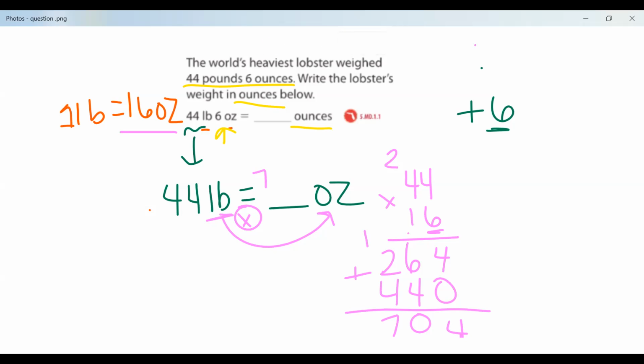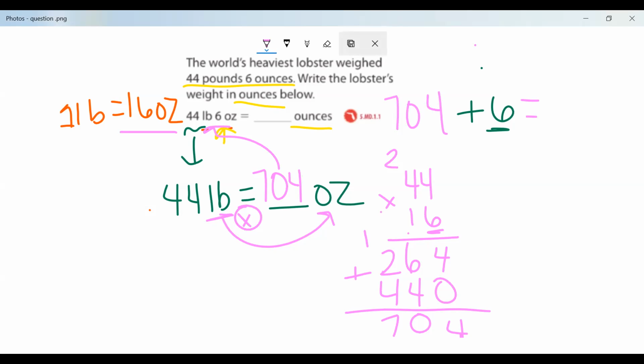So now this is where a lot of people will stop and say, okay, it's 704 ounces, but that's not where we stop. There's 704 ounces in 44 pounds, but remember, we actually have 44 pounds and 6 ounces. So I have to add 704 and 6. If these numbers were more difficult, I could line them up and do the standard algorithm.